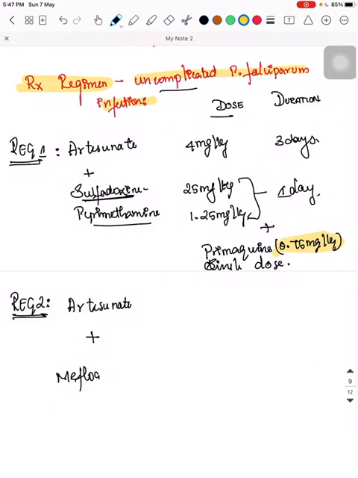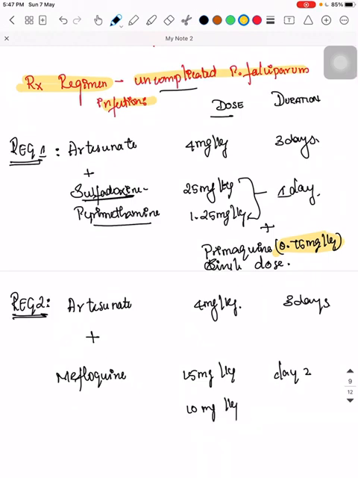Next, regimen number 2. Here we use artesunate with mefloquine. Artesunate is given at the dose of 4 mg per kg for 3 days.